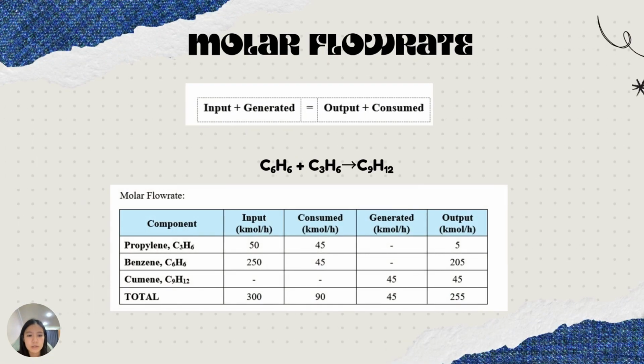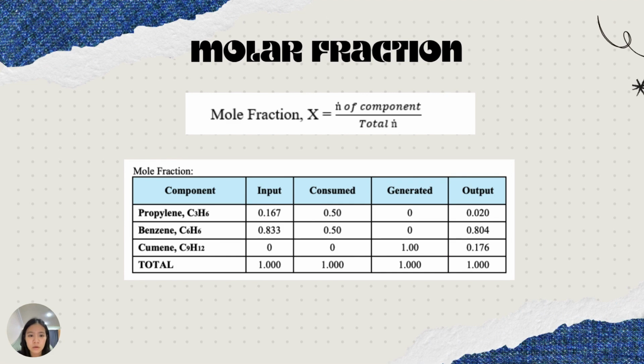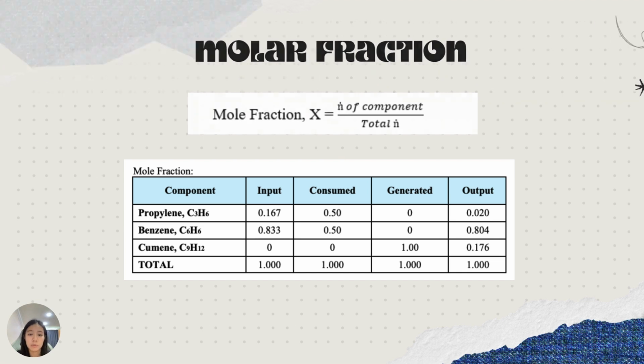For the molar flow rate, we used the equation C6H6 plus C3H6 producing C9H12, all in the stoichiometry of 1. For propylene, the output is 5 kmol per hour, benzene 205 kmol per hour, and cumin 45 kmol per hour. For the molar fraction, propylene output is 0.02, benzene 0.804, and cumin 0.176.